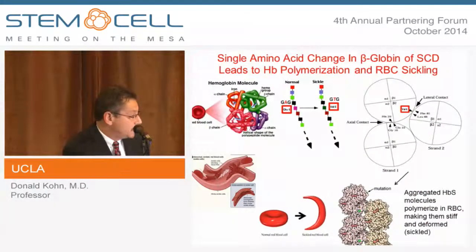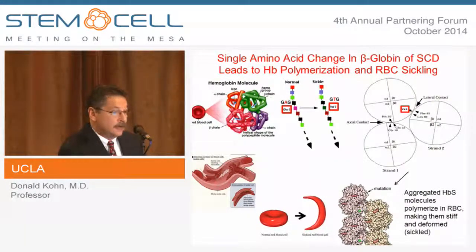So this is the pathophysiology of sickle cell all in one slide. Red cells are bags of very high concentrations of hemoglobin, which is typically an alpha-2 beta-2 tetramer. And in sickle cell, every patient has the same mutation, the 6th amino acid. It's changed from a hydrophilic glutamic acid to a hydrophobic valine.